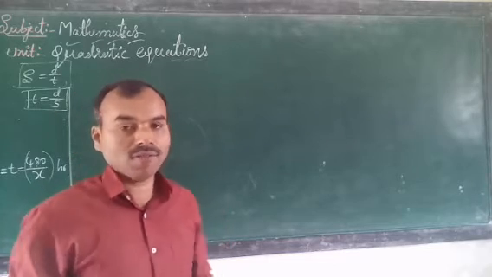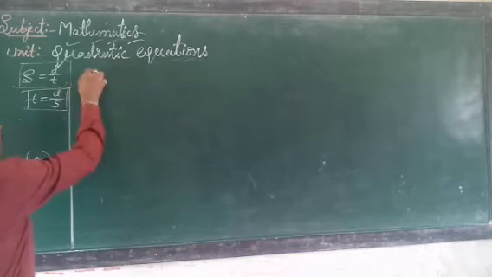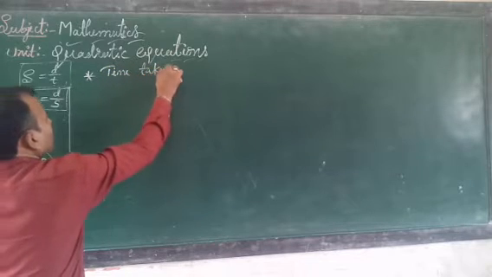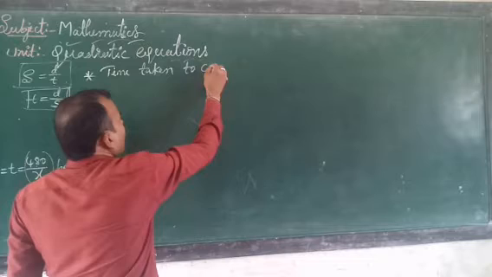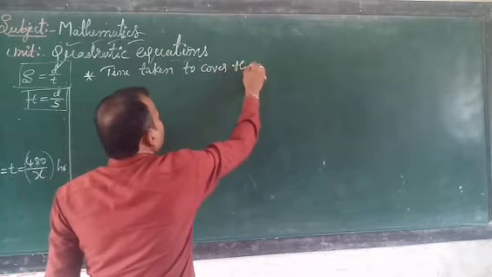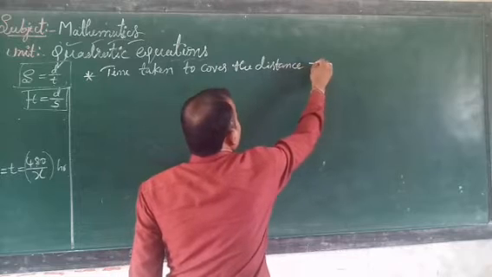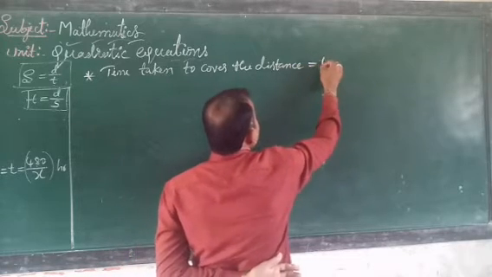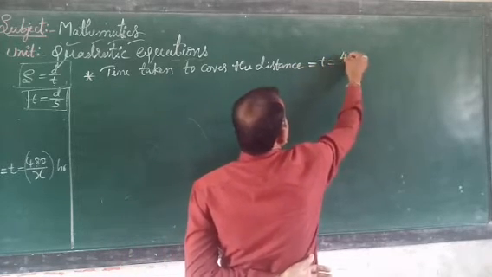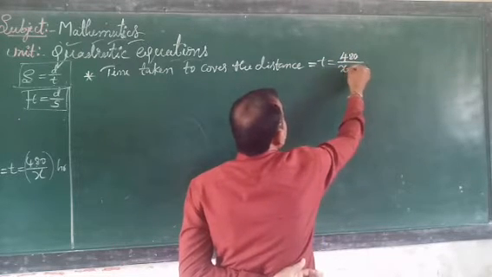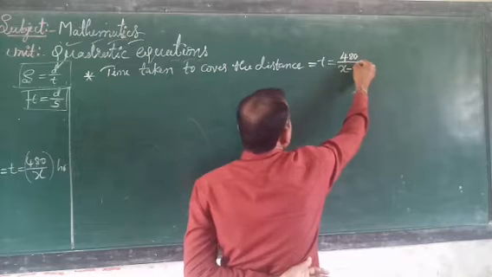So time is equal to distance 480 by the speed x minus 8.